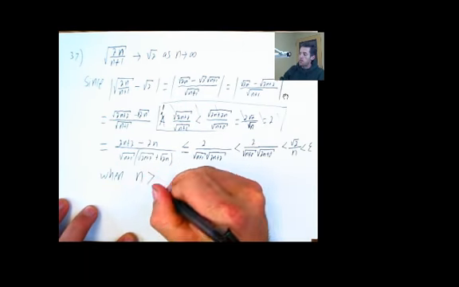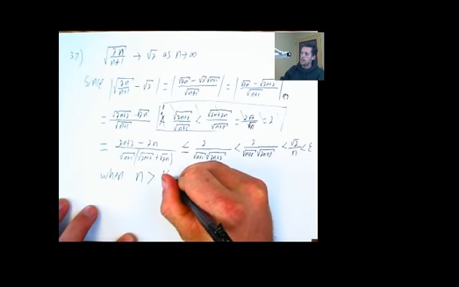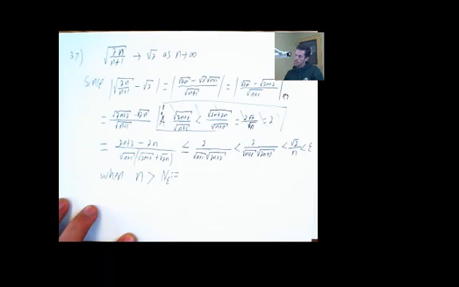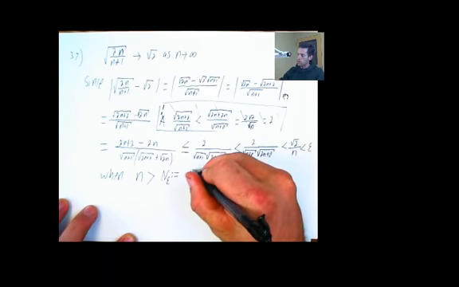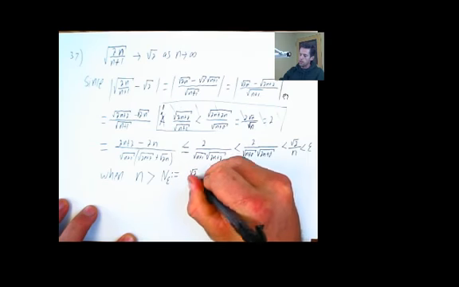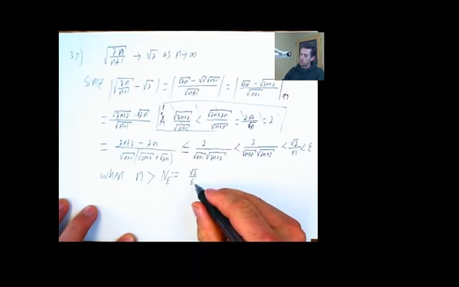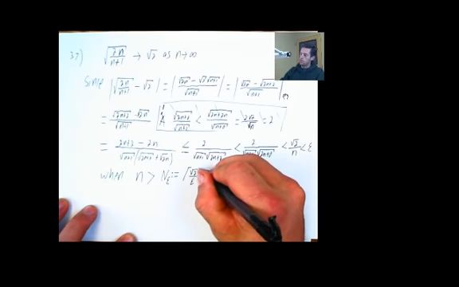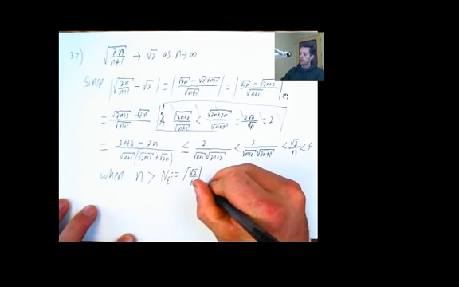N is bigger than what I will define as n epsilon. This function is going to depend on epsilon. And it will be, looking over here, I want it to be square root of 2 over epsilon. When epsilon is small, 1 over epsilon is huge, and that's probably not going to be an integer. I want n epsilon to be an integer, so I'll apply the ceiling function, and there we go.